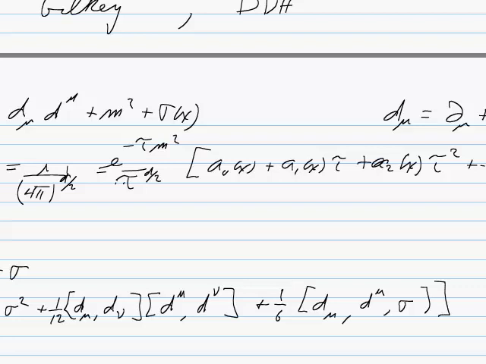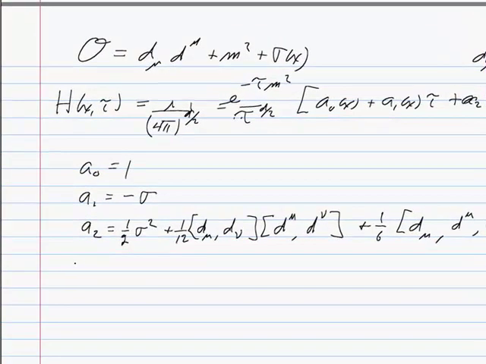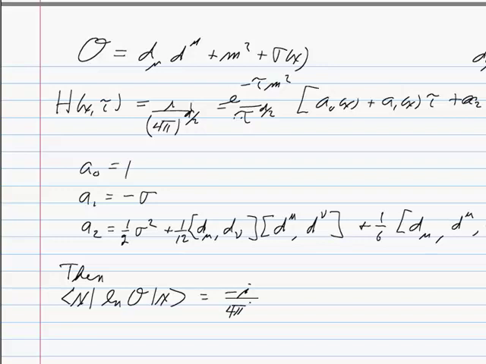And so some things are known about higher order ones. I actually don't have them on the top of my head, but you'd go to Gilkey to look them up. Okay? But then, once you've done this, x matrix element of log O, x can be just done. It's minus i over 4 pi to the d over 2.